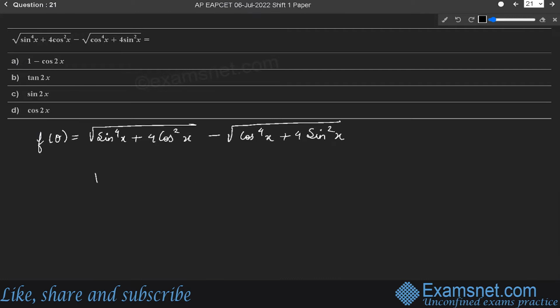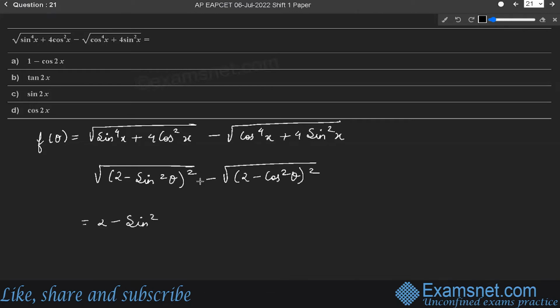Now this can be written as under root of 2 minus sine square theta whole square minus under root of 2 minus cos square theta whole square, which will be equal to 2 minus sine square theta minus 2 plus cos square theta, which will be equal to cos square theta minus sine square theta.